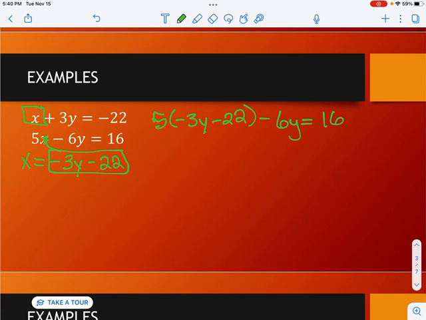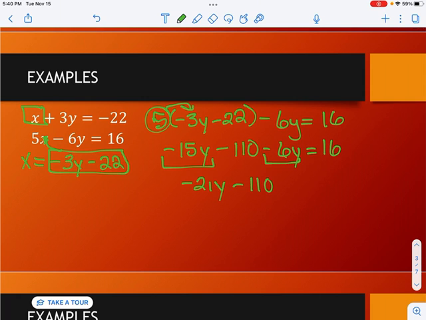At that, I would distribute. I'm going to take the 5, multiply it through, so negative 15y minus 110 minus 6y equals 16. At that point, I'm going to combine my like terms. So negative 15y and negative 6y is a negative 21y minus 110 equals 16.